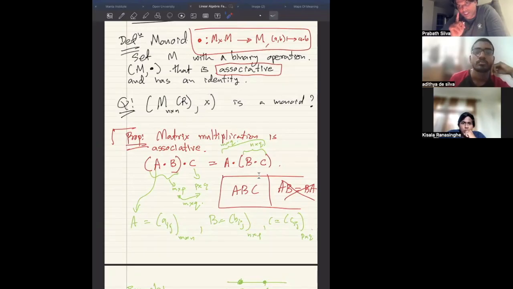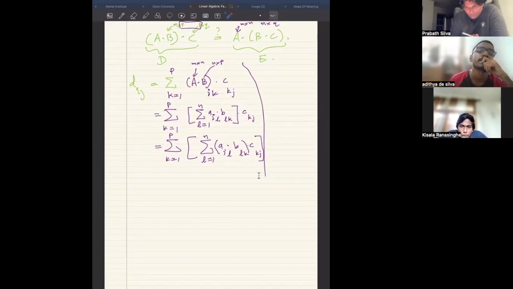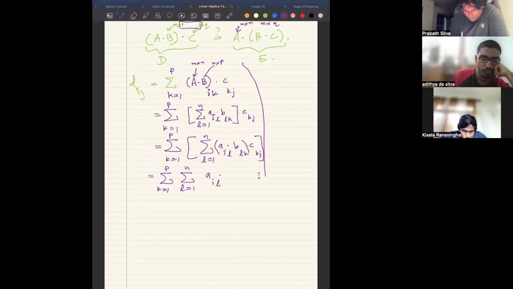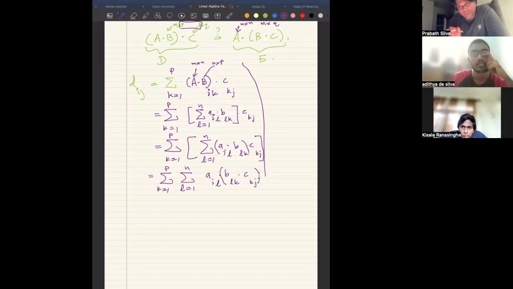good. So go back here. And we don't have to worry about these brackets, and we can move them around easily because rings have the associative property.